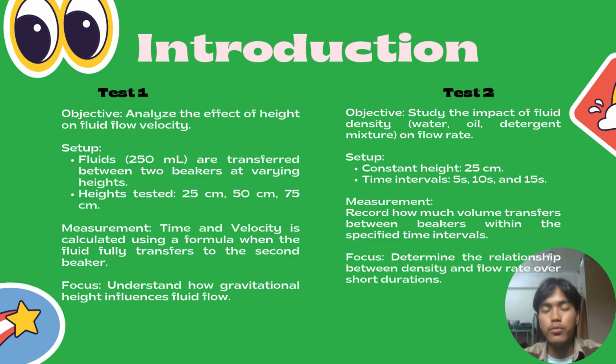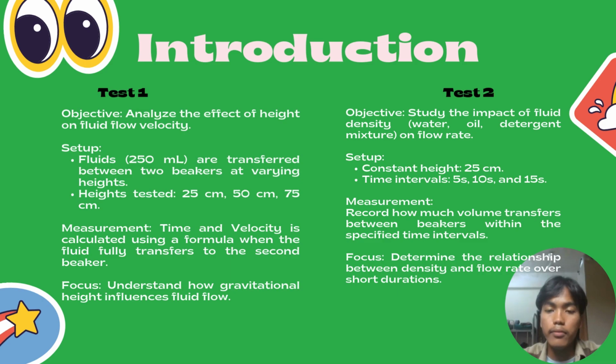And we continue to test 2, where we study how the different densities impact the volume at the time settings, which are 5 second, 10 second, and 15 second. We set the height of each beaker at 25 centimeter, constant.